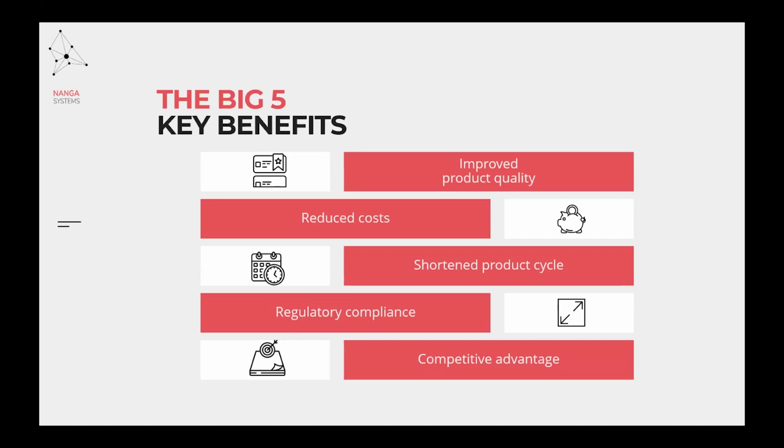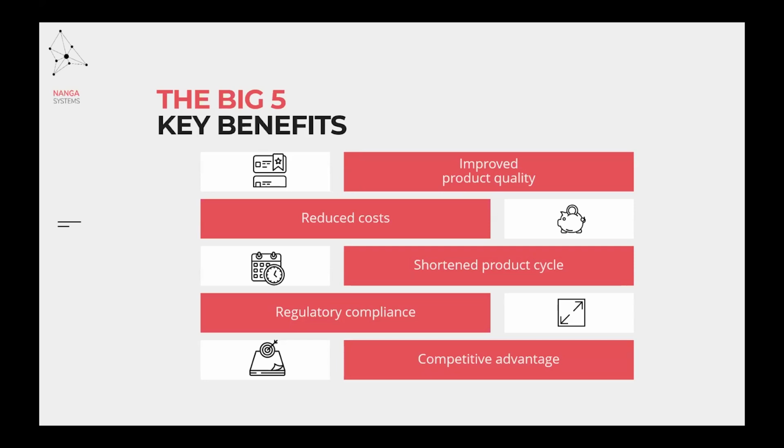Thirdly, a well-implemented test management process can shorten the product development cycle. By optimizing quality checks at every stage, it ensures that issues are identified and addressed promptly, thereby accelerating the overall development timeline. Fourthly, test management helps in maintaining regulatory compliance.